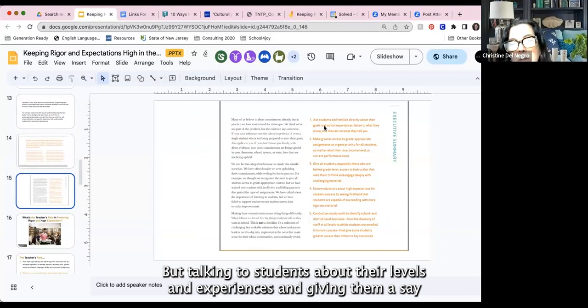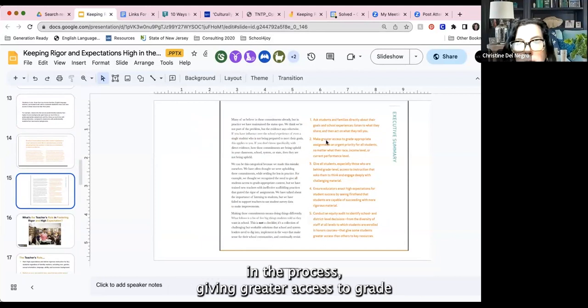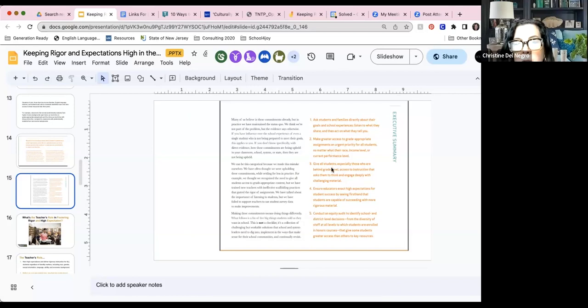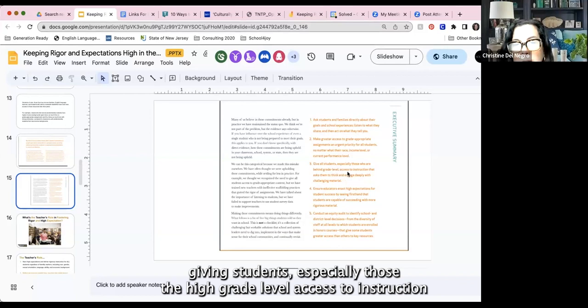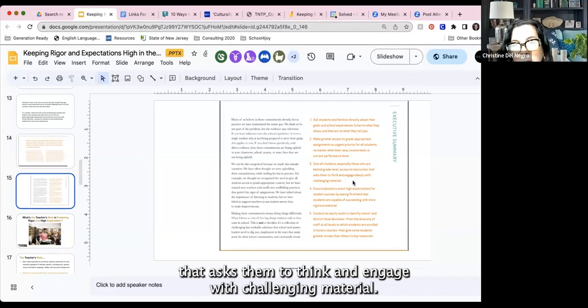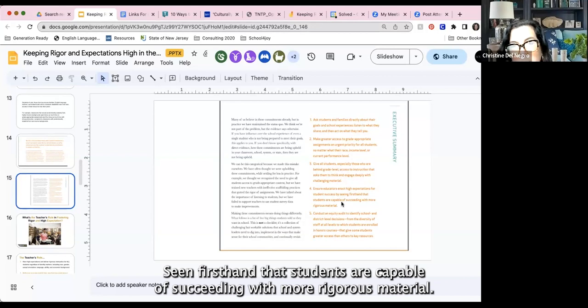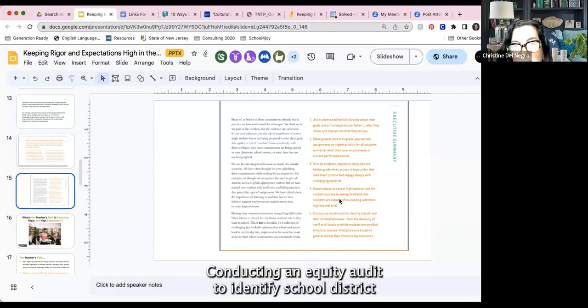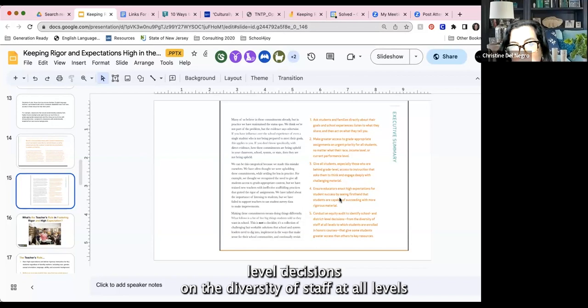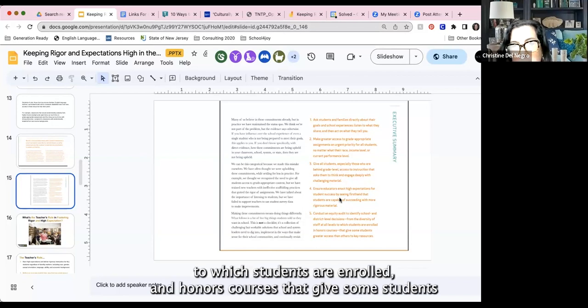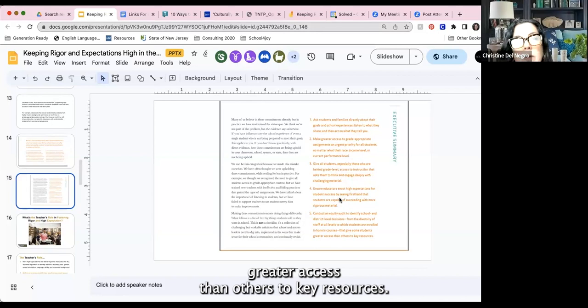Talking to students about their goals and experiences and giving them a say in the process, giving greater access to grade appropriate assignments, giving students, especially those behind grade level, access to instruction that asks them to think and engage deeply with challenging material, ensuring educators enact high expectations for student success by seeing firsthand that students are capable of succeeding with more rigorous material, conducting an equity audit to identify school and district level decisions, from the diversity of staff at all levels to which students are enrolled in honors courses, that give some students greater access than others to key resources.